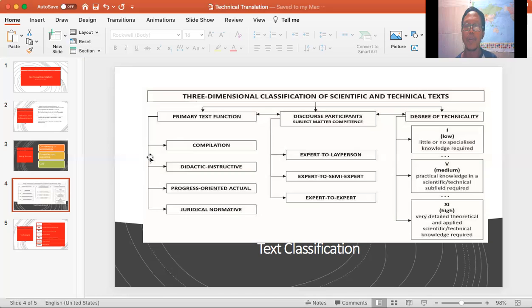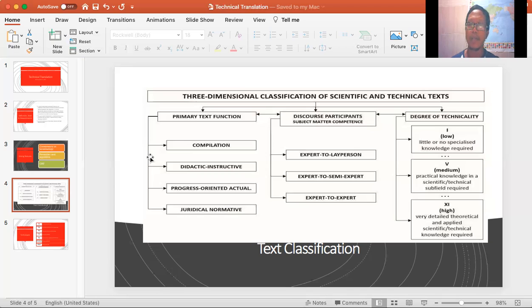So there are some stages that you need to pay attention to there, and then also the probably most complex text function is the juridical normative. That means the technical text that you translate is going to be used maybe in court or in a legal setting.